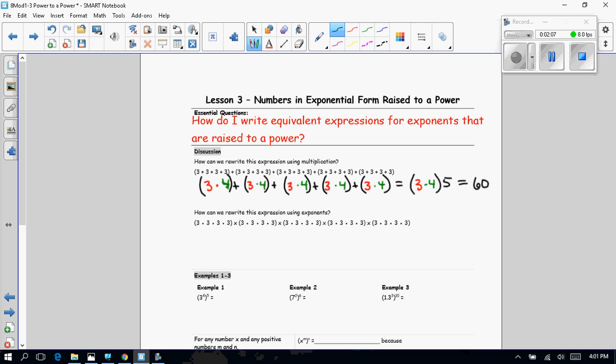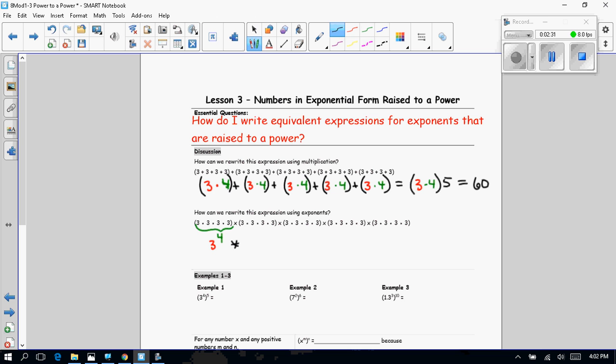Well, what if I change those to all multiplications? Remember in class, when we had repeated multiplication, we just counted up how many of those we had. I have 4 of them, and what do I have? I have 3 four times. 3 times 3 times 3 times 3 is 3 to the 4th power.